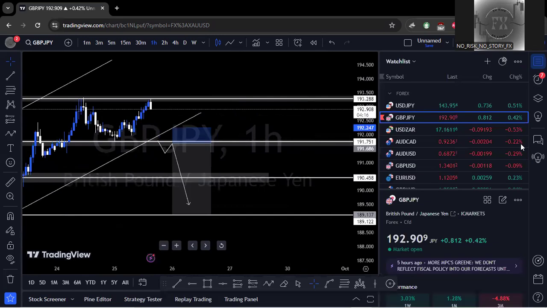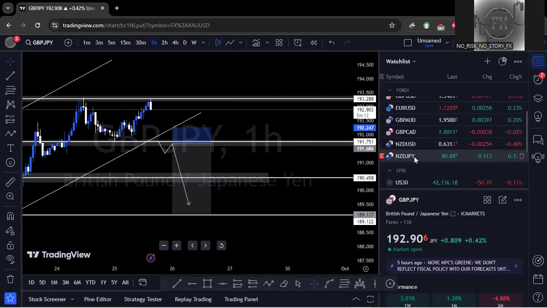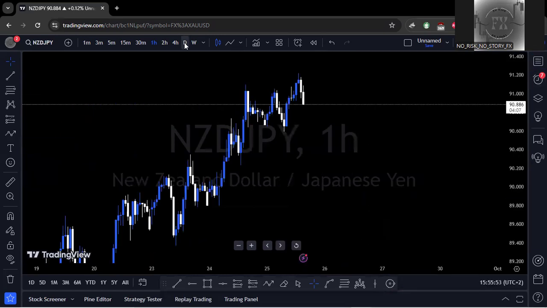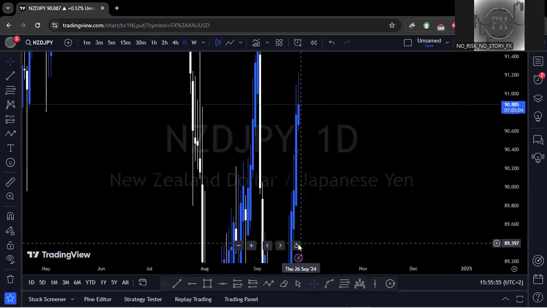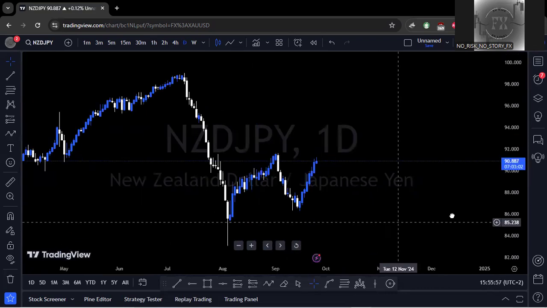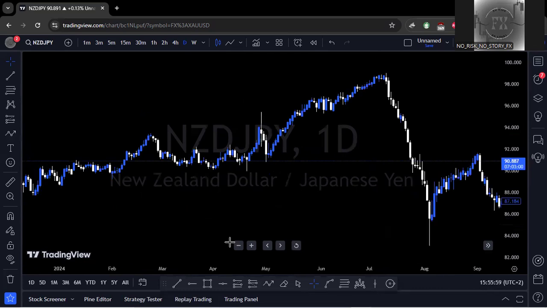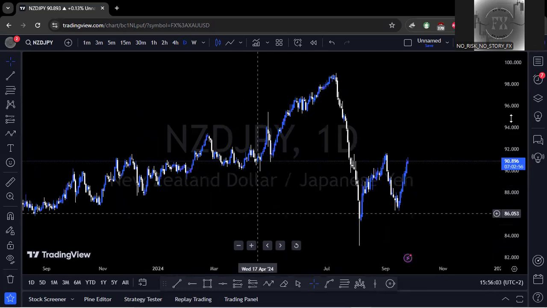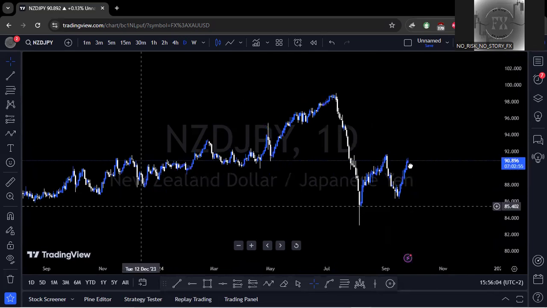And let me go to NZDJPY, right? So first thing first, daily time frame, and then just look at this market structure. I know this is the same as the one we just saw on GBPJPY, right?